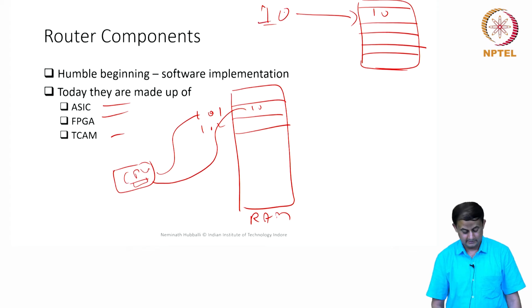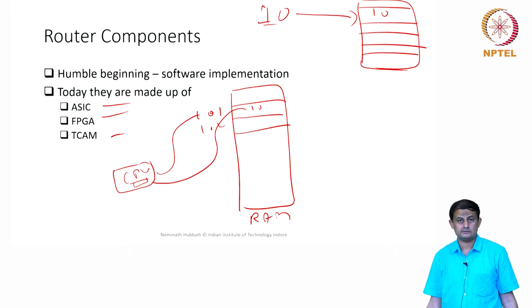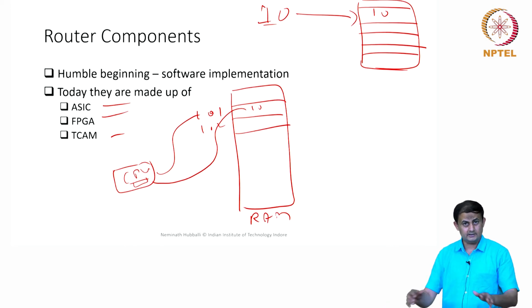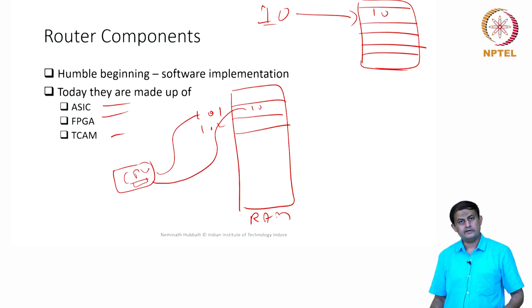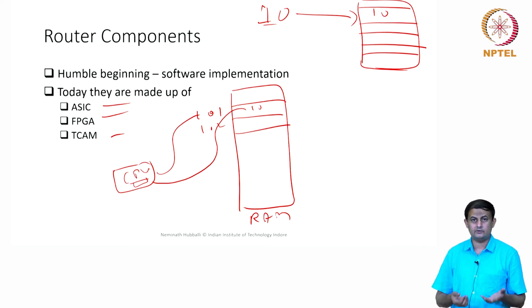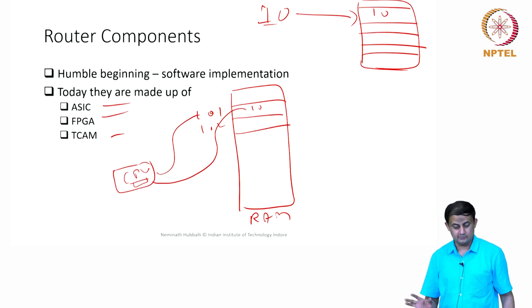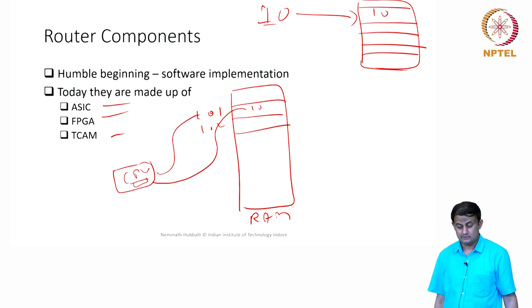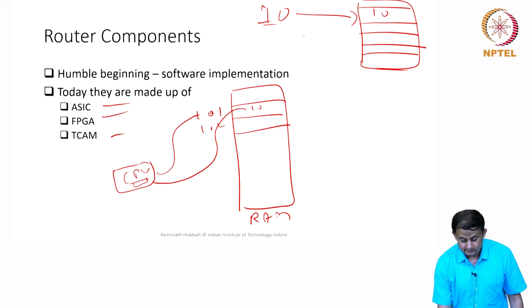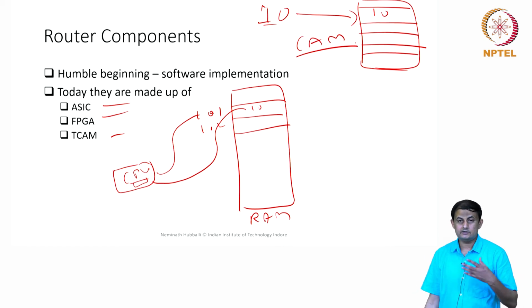I am looking for 10, and can you find out and quickly tell me whether 10 is there inside your memory, be it anywhere. Whether it is in the first location, second, third, or last location, we don't care. As long as it is there, we are fine. We just want to find out whether this is there or not, and if it is there, which location it is in. That is the option. And the CAM, the content addressable memory, can precisely do this operation.